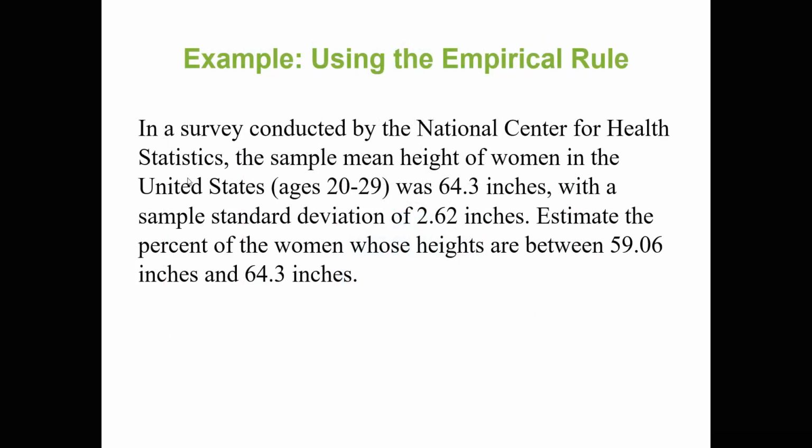So you are being told the sample mean height of women in the United States, here you go with the age, and this is the mean, with a standard deviation of 2.62. Estimate the percent of women whose heights are between this and this. So you are looking for the women who fall within this.